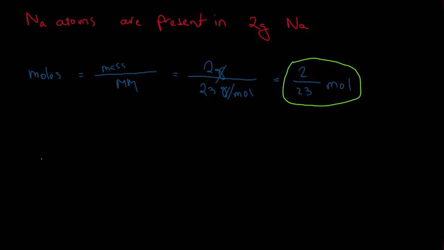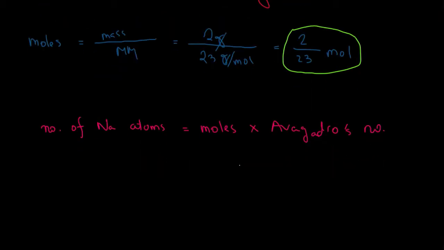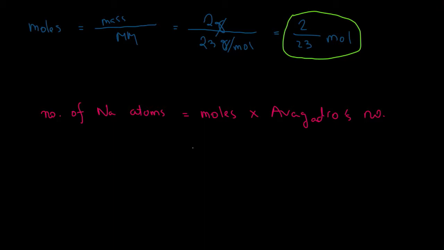The number of sodium atoms is going to be moles times the Avogadro's number. So the moles here is 2 by 23 mole times the Avogadro's number.